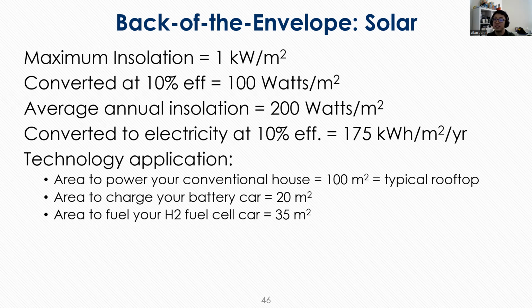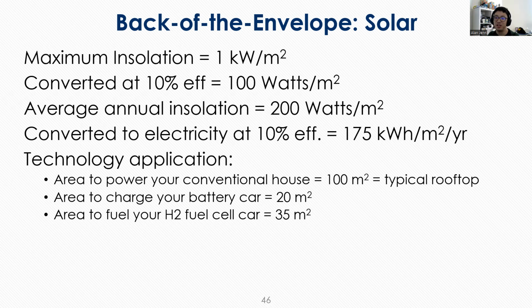That's a conservative estimate, but unlike wind, solar is a lot less efficient. Just back of the envelope, let's say 10%, to make the numbers easier: 100 watts per meter squared. So your average annual insolation, instead of 1 kilowatt, we'll say 200 watts per meter squared at 10% efficiency. You're getting about 175 kilowatt hours per meter squared of solar panel in a given year.